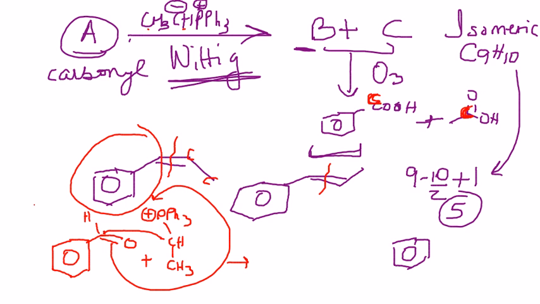It's going to give you the betaine. So the betaine will look something like that, PPh3, like that. And now the P-O bond breaks to give you cis and trans alkenes as your final products.